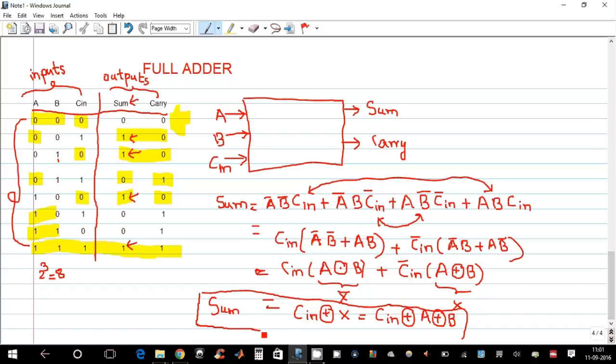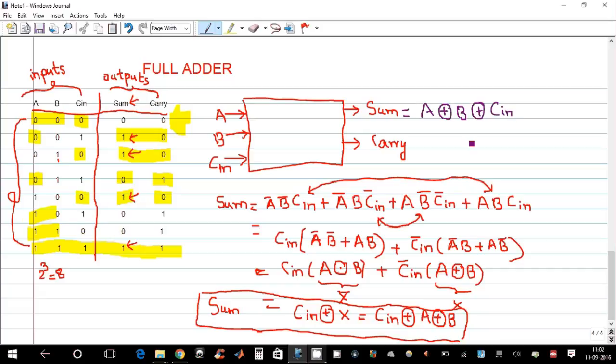So you can blindly remember the sum expression of full adder is a XOR b XOR c in. So this is what our sum expression is, and similarly we will derive the expression for the carry. Let's write here this expression of sum. So the sum is equal to a XORed with b XORed with c in.